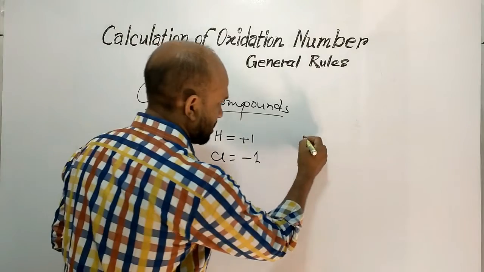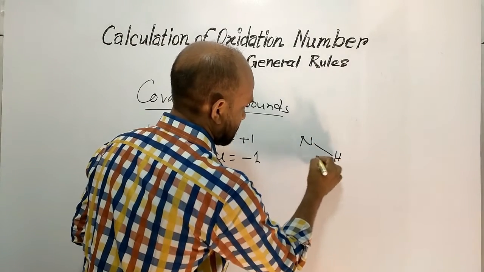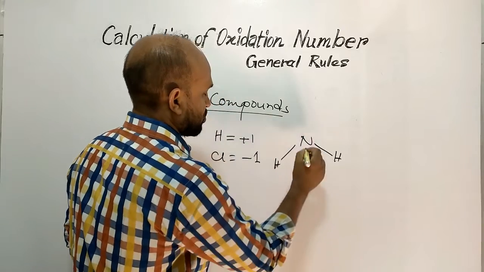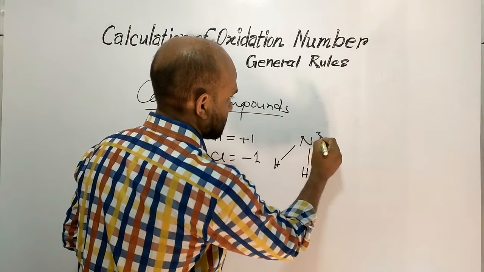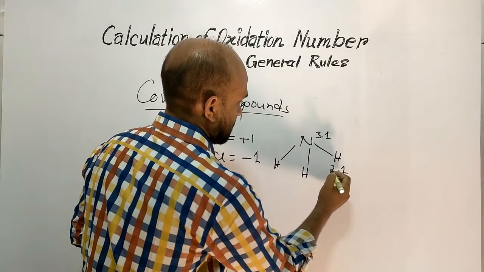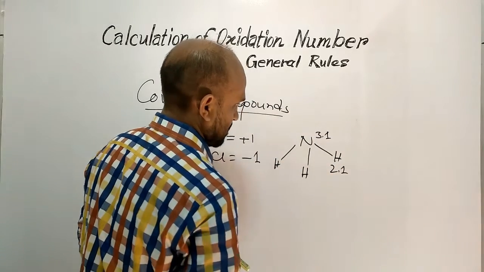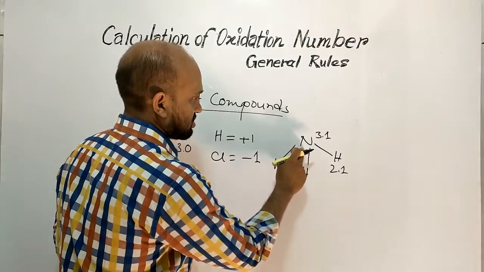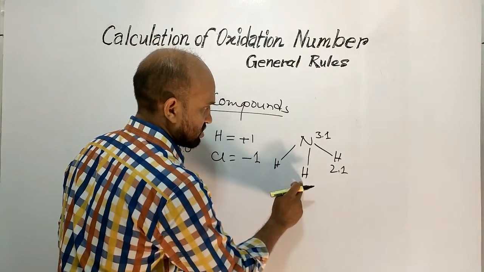Similarly, in ammonia, electronegativity of nitrogen is 3.1, hydrogen is 2.1. So, electronegativity of nitrogen is higher than hydrogen.